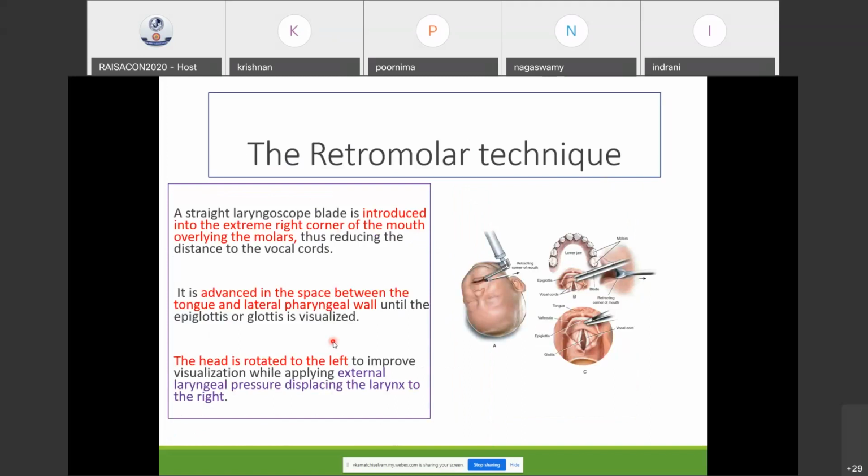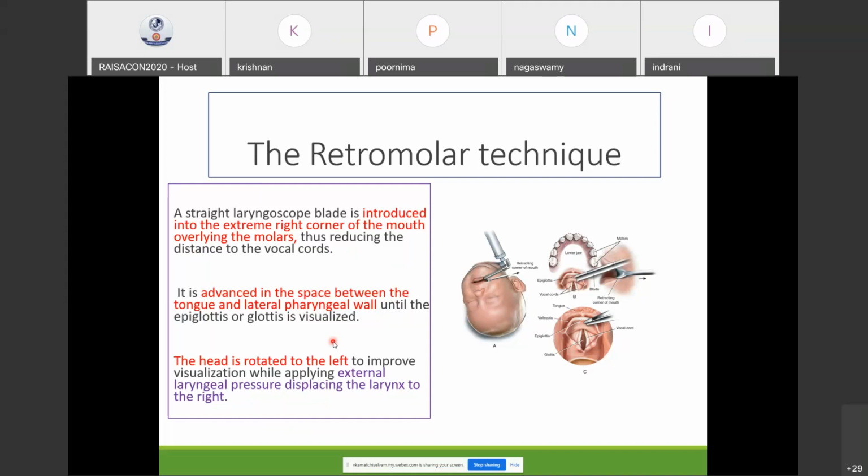We bypass the molar, that is the retromolar area, and bypass the tongue to the right. So the entire tongue will be shifted towards the left, sir. The head is also rotated slightly towards the left to facilitate more visualization. If any pressure is needed, we can ask for external laryngeal manipulation, and we can intubate, sir.